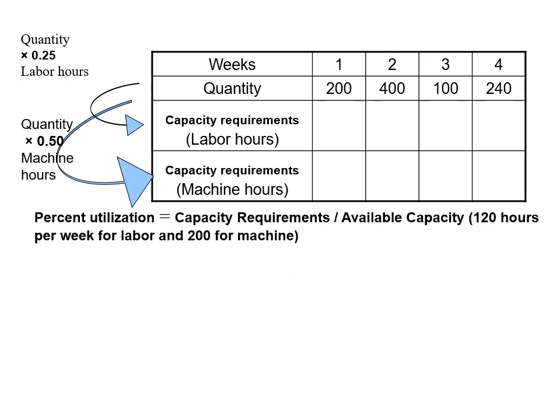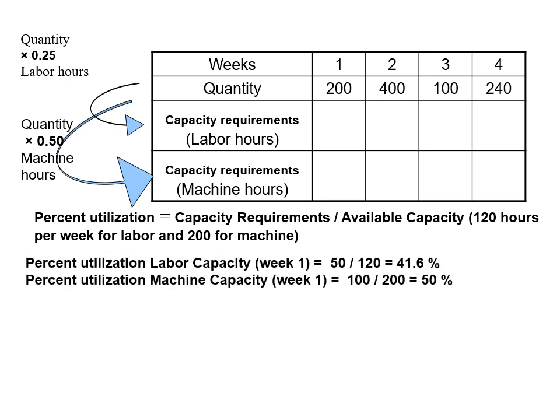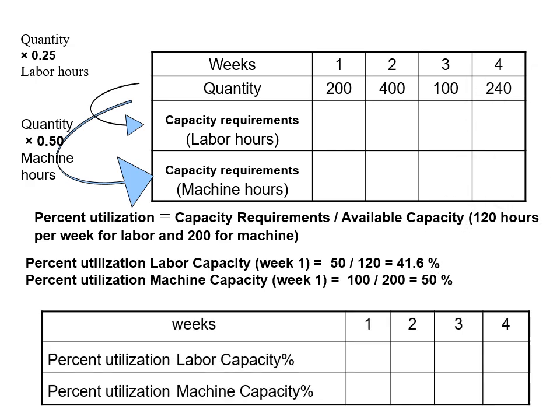And after that we calculate percent utilization, capacity requirement divided by available capacity, 120 hours per week for labor and 200 for machine. Percent utilization labor capacity in week 1 and 2, and percent utilization machine capacity for week 1. These numbers we will see after finishing the first table.